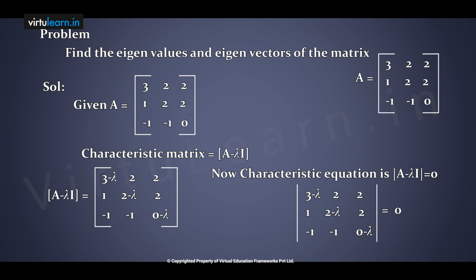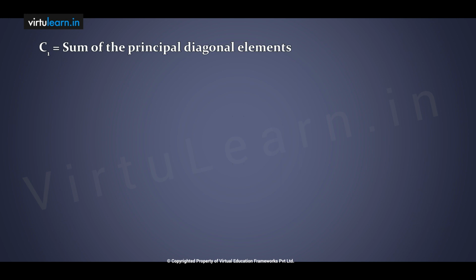From the formula, you can expand the determinant: lambda cube minus C1 lambda square plus C2 lambda minus C3 equal to 0. C1 equals the sum of the principal diagonal elements of the matrix A.